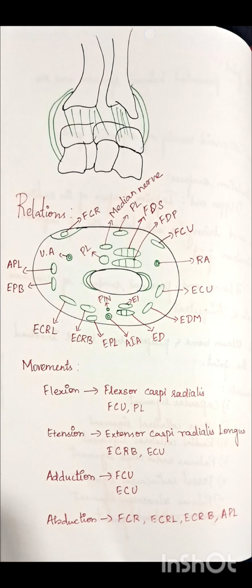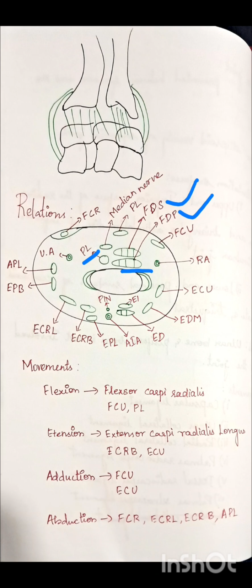Coming to the anterior relations, as we know, in the front we have the flexor retinaculum. Deep to the flexor retinaculum we have flexor digitorum superficialis and flexor digitorum profundus. These are the 2 tendons, and we have palmaris longus.